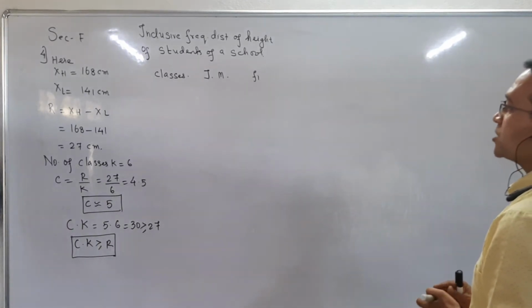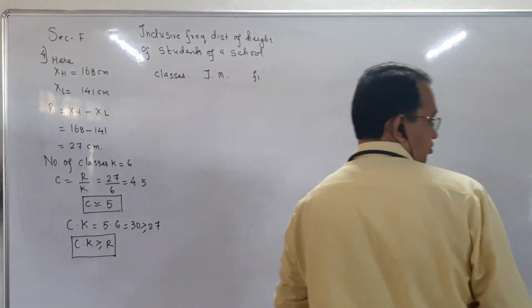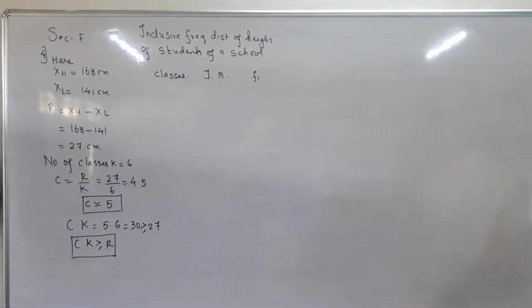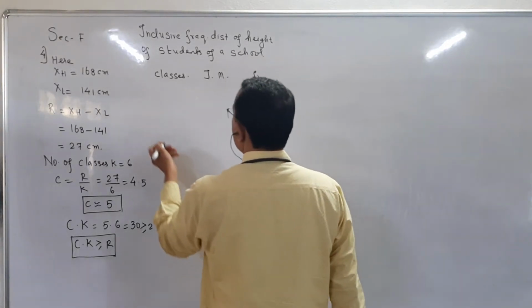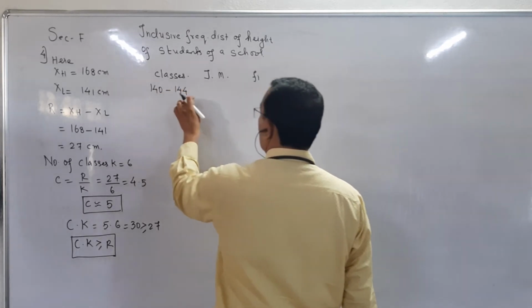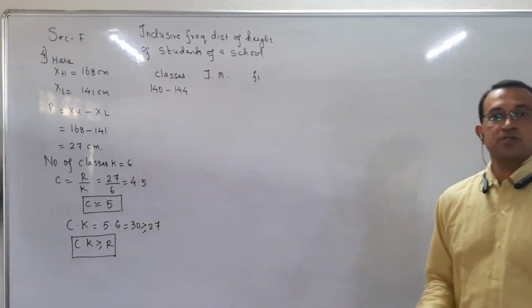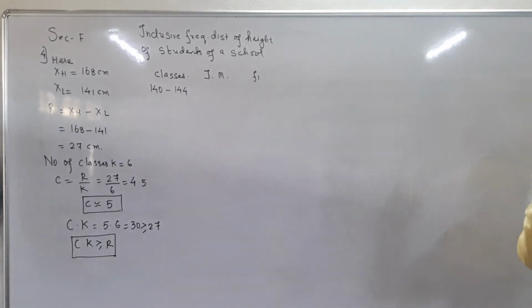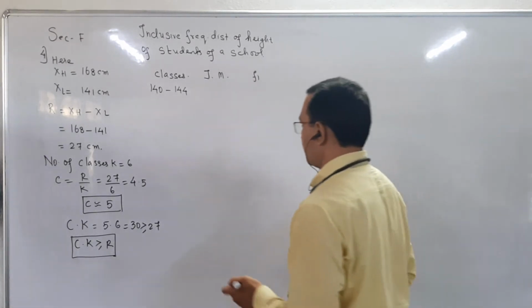Now, the lowest value is 141, students. So I can start classes from 140. Class length is how much? 5. So the first class would be 140 to 144, not 145, because this is not exclusive, it is inclusive. There should be a gap of 1.